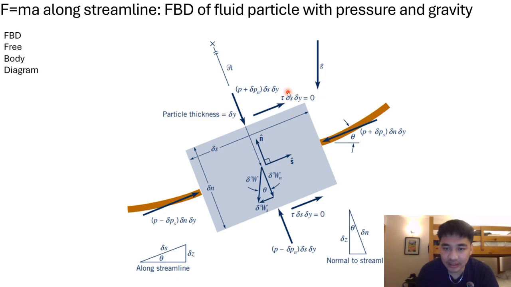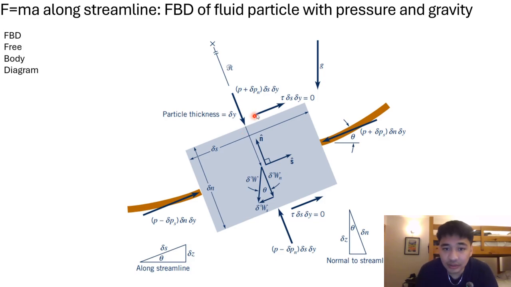Here we're assuming that the shear stress or shear force is 0, which we made from previous assumptions in previous lectures. Then here are the pressures applied. This P is essentially just a pressure applied to your fluid particle, and then these are the extra terms to make this force. So delta P_n is your change in P in the n direction, multiplied by your change in s direction and change in y direction.